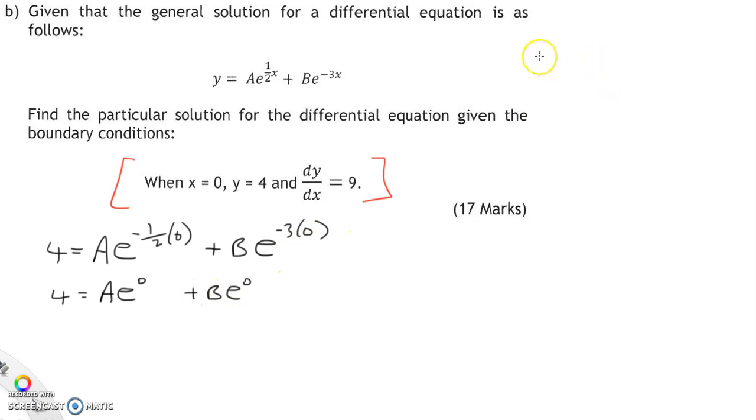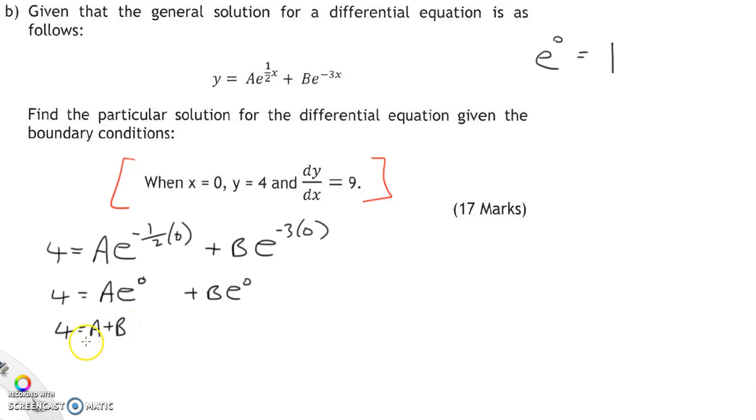Now anything to the power 0, including that number e, equals 1. You can stick any number into the calculator and raise it to the power of 0 and you'll get 1. 523 to the power of 0 equals 1, okay? So they effectively cancel out and we're left with 4 equals a plus b.